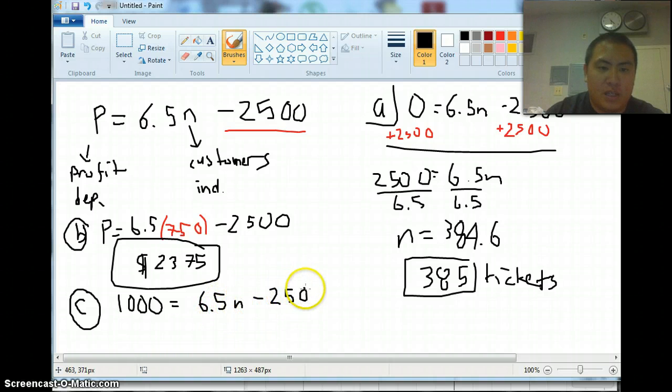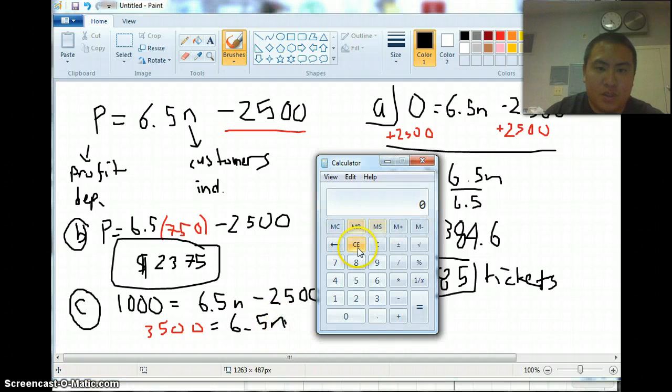And now we can go ahead and solve for n. So I'm going to add 2,500 to both sides, and that will end up giving me 3,500 is equal to 6.5 n. Now if I use a calculator, I divide 3,500 divided by 6.5, just so I can get the n by itself.